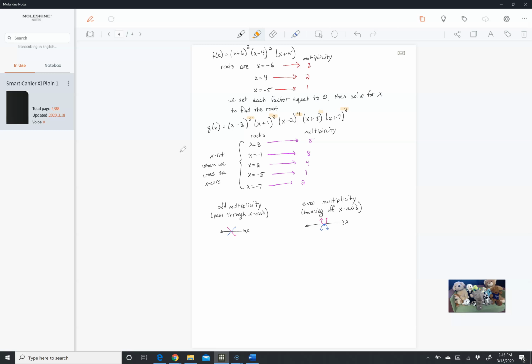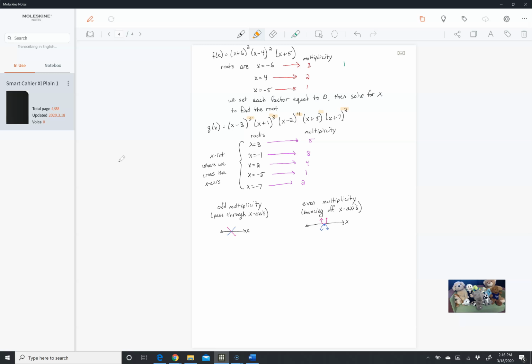So again, you hit the wall, you bounce off of it. Whereas for an odd multiplicity, you can go right through it. So if we look at the multiplicities up here, this has a multiplicity of 3.